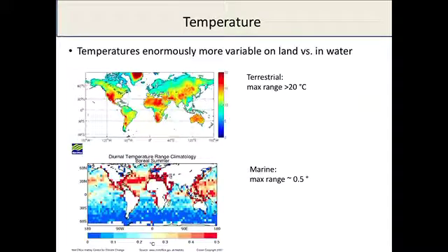One of the main reasons for this, which we talked about in previous lectures, is the degree to which land warms and cools much faster than water.